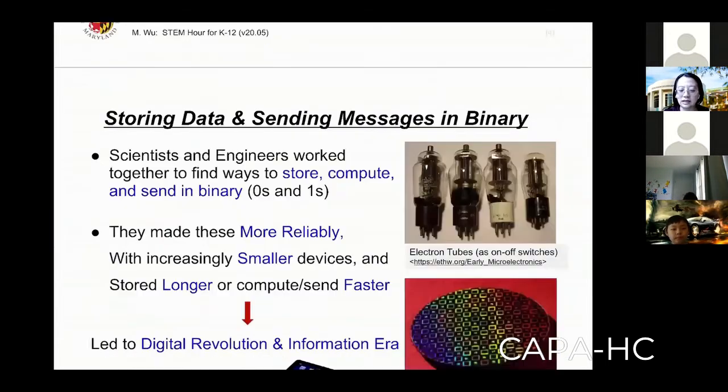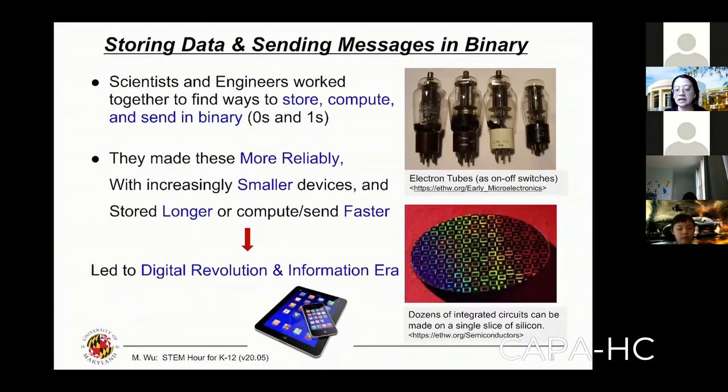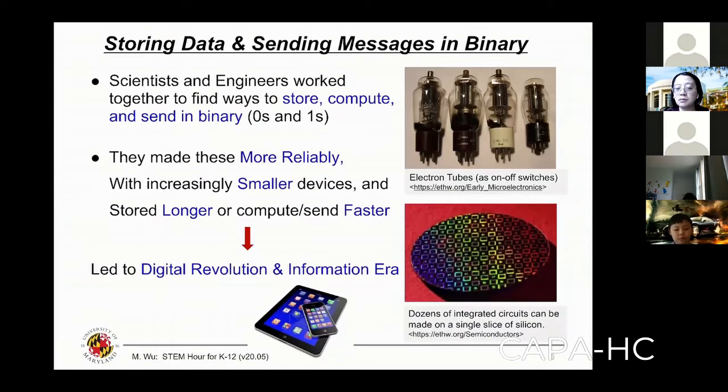It turns out that when scientists and engineers want to build a machine, especially a machine that can help us do things automatically and do some computations, it is hard to build a machine that will be able to handle a large number, for example, the number 120.